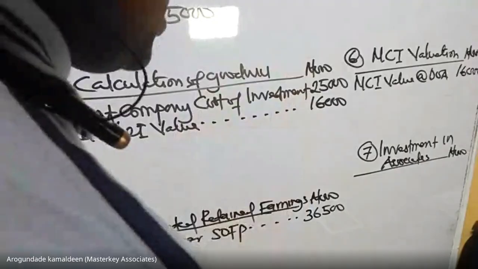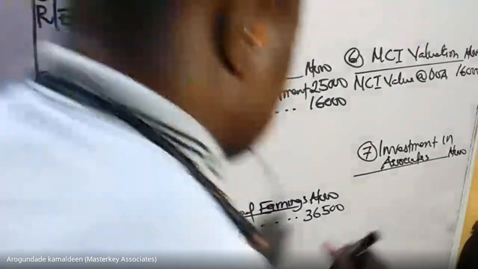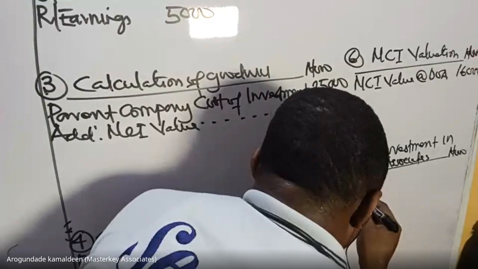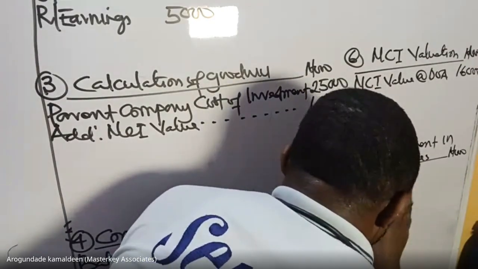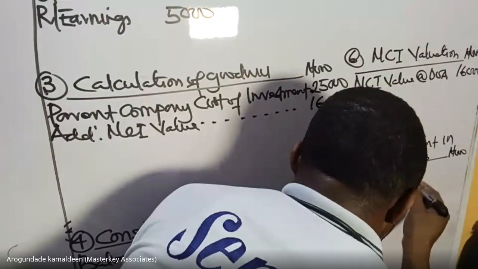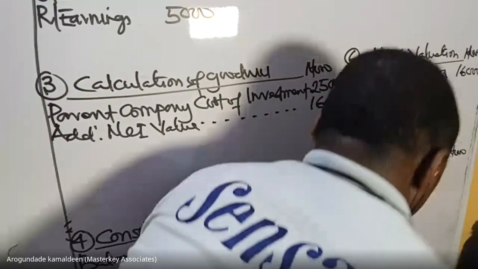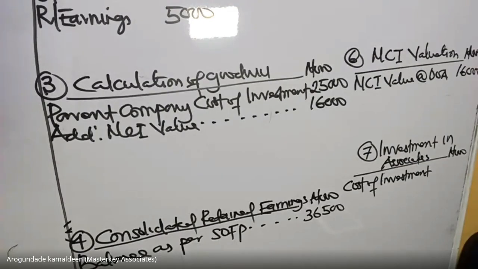So, what is the cost of investment now? Cost of investment is how much? Hello, tell me now. Go to the note. 12.5. 12 point what? 5.